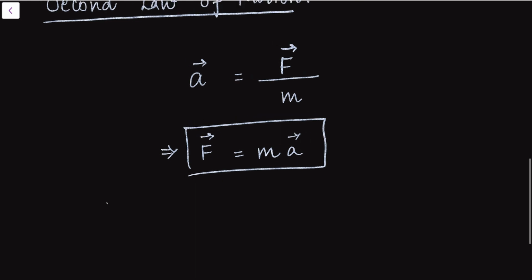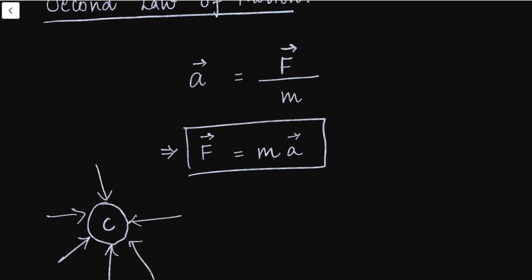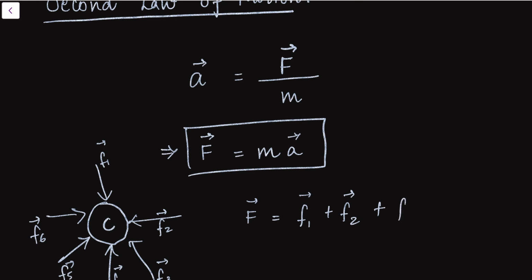Now imagine we have a particle C on which we have different forces from different directions. Let's say these are F1, F2, F3, F4, F5, F6. The net force will be the vector sum of F1, F2, F3, F4, F5, and F6.